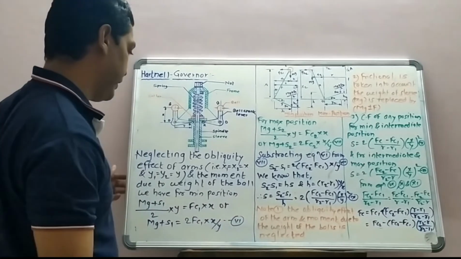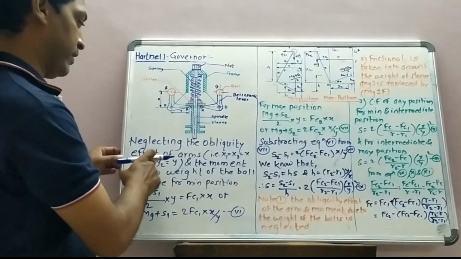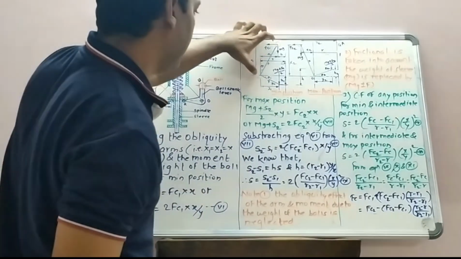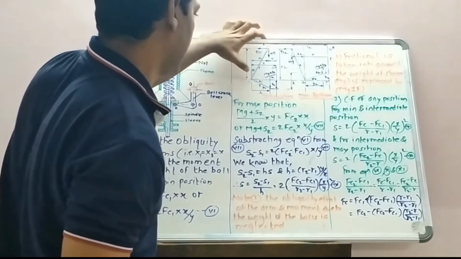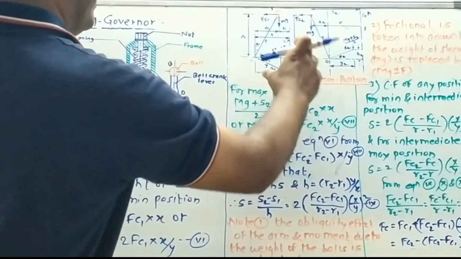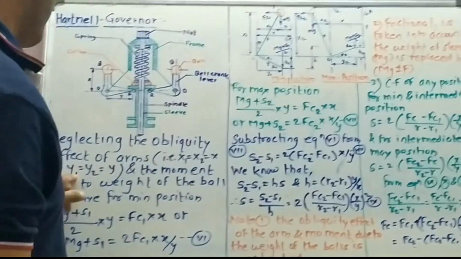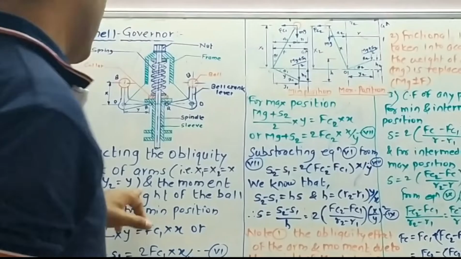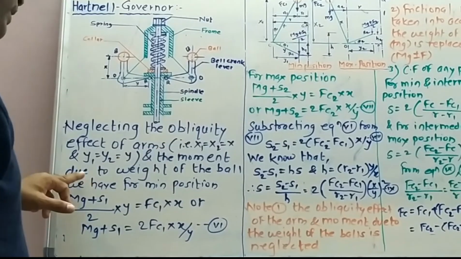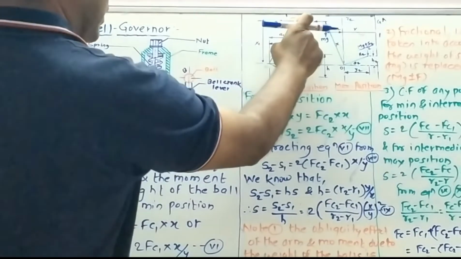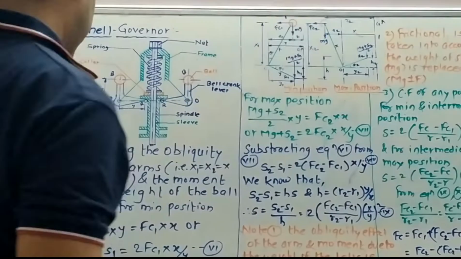Now neglecting the obliquity effect of the arms, that is x1 equals x2 equals x and y1 equals y2 equals y, and the moment due to the weight of the ball, that is because of this mg.